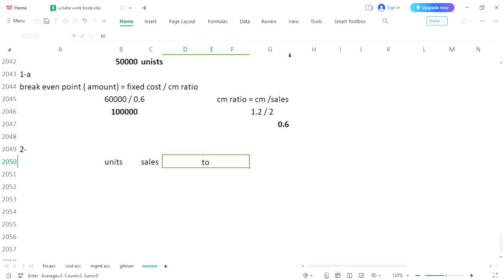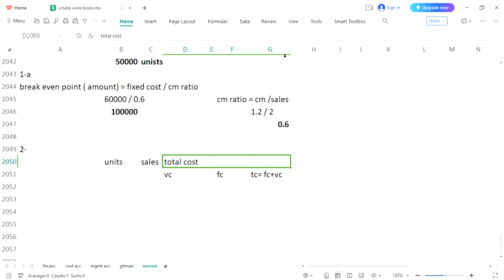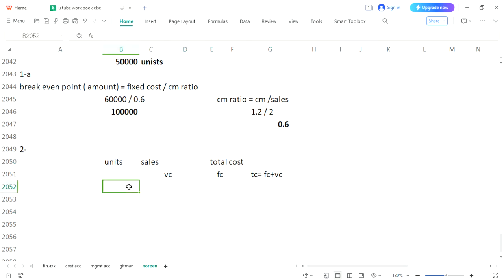Here you will write total cost, and it would have variable cost and fixed cost, and then you will add both, FC plus VC, to calculate your total cost. The next step is to make it according to your statement. You will make different calculations.